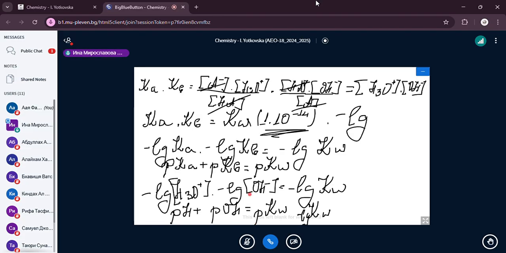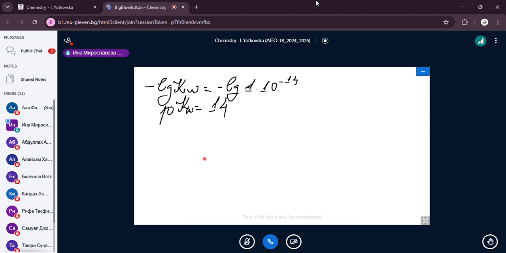So, from all of these that we write here, we can obtain a very, very important relationship, that pH plus pOH is equal to 14.